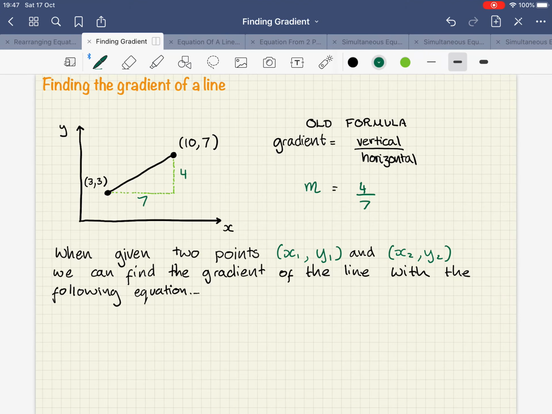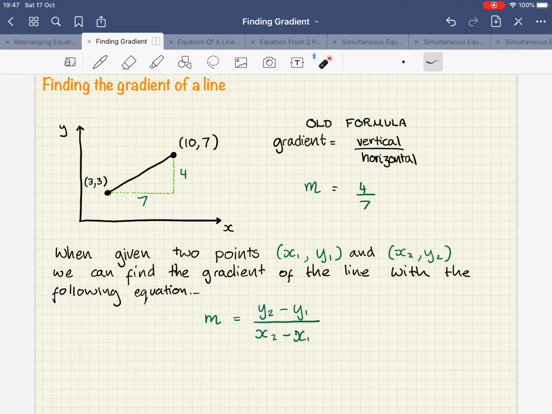And that equation is the gradient m is equal to our second y coordinate, take away our first one, all over our second x coordinate, take away our first x coordinate.